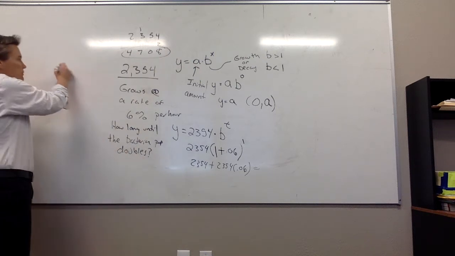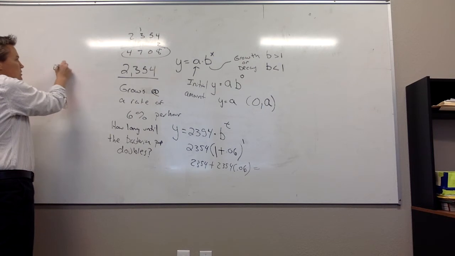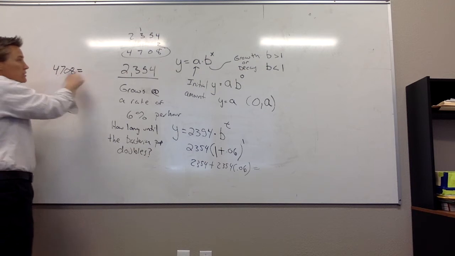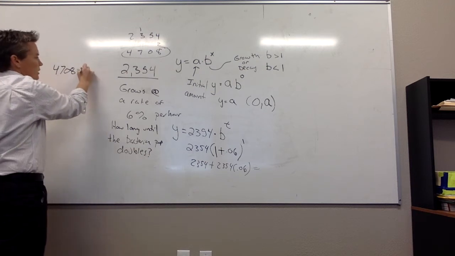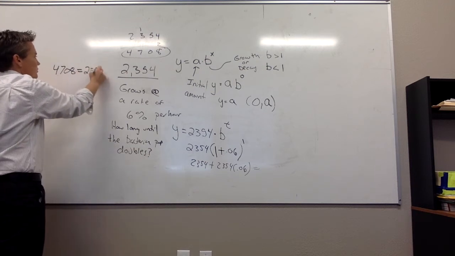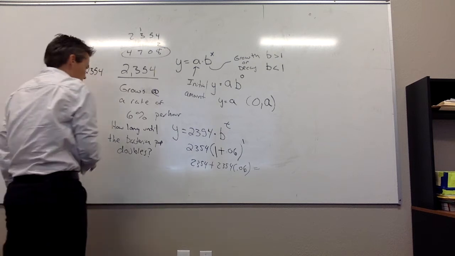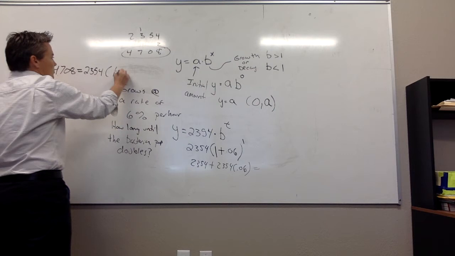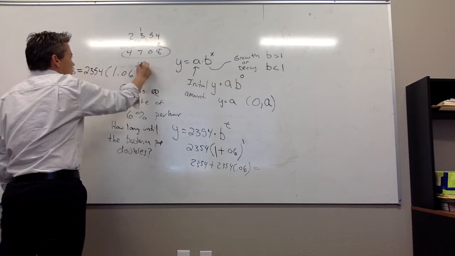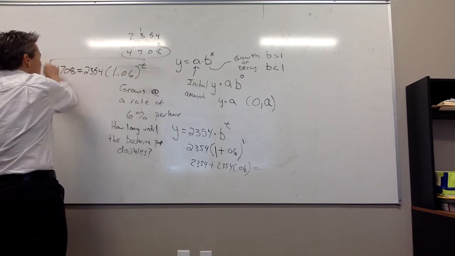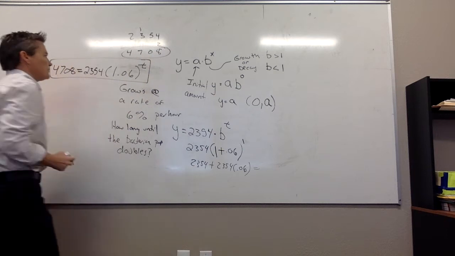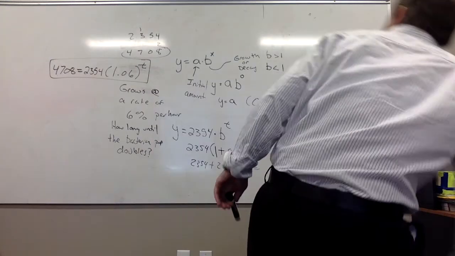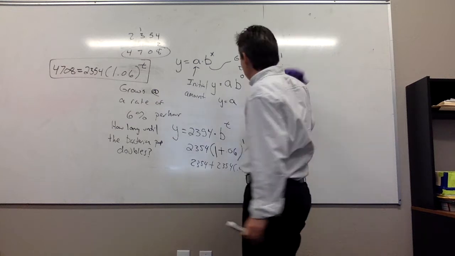We're going to set up our new equation. We want to know how long it takes until we have this amount. That's equivalent to A, 2,354, times 1.06 to the power of t. So our goal is to solve that function for t.